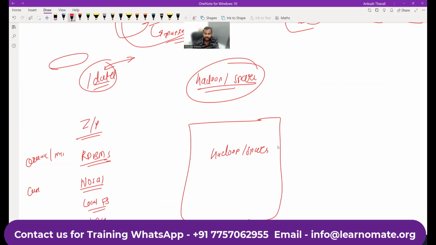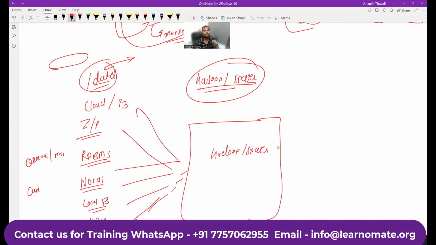It can pick up data from HDFS, the Hadoop file system. It can pick up data from cloud storage, like Amazon S3 or any other storage. So basically it can take data from any platform. That's not a problem. And it will be processed by your Hadoop framework like MapReduce and Spark.